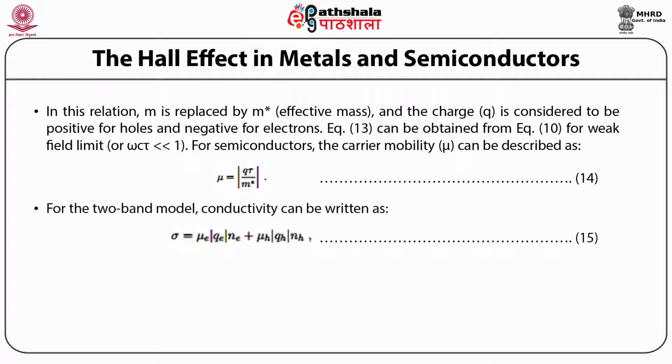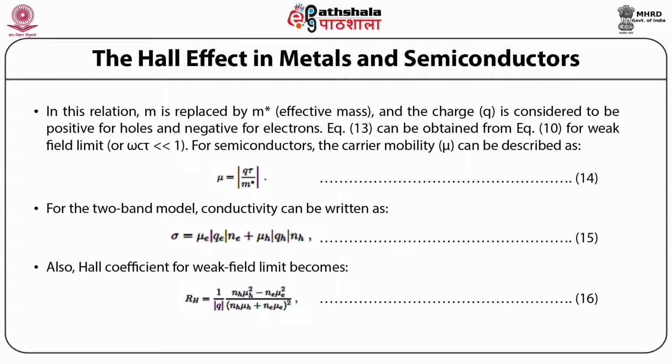For the two-band model, conductivity can be expressed as sigma equals mu e into the modulus of qe into ne, plus mu h into the modulus of qh into nh. This is represented as equation 15.